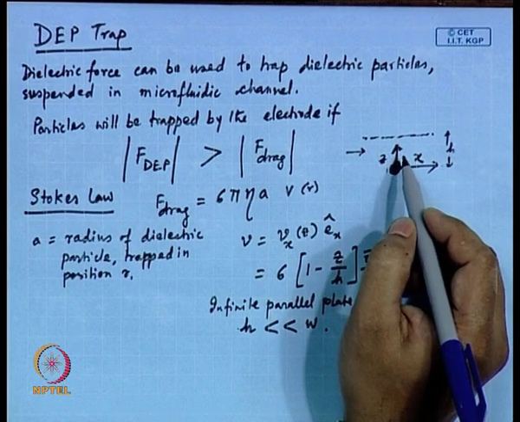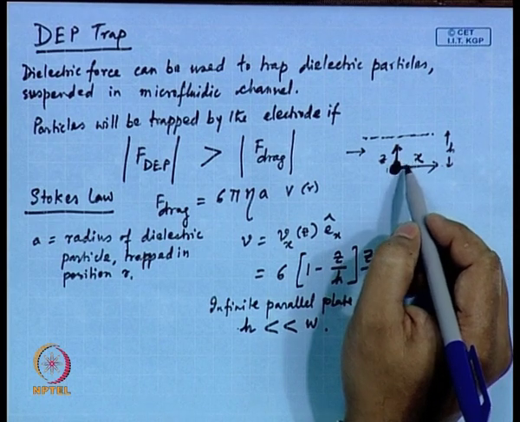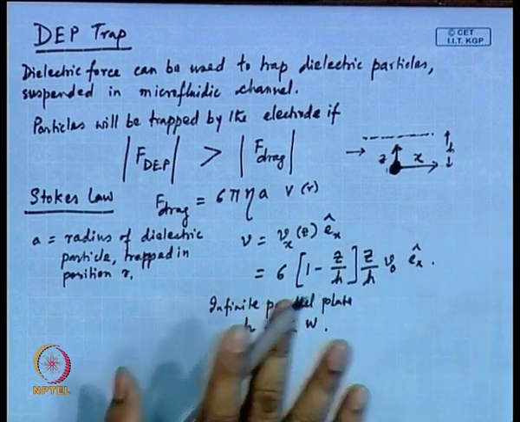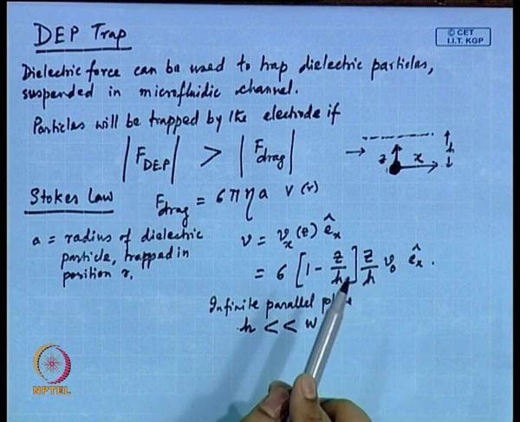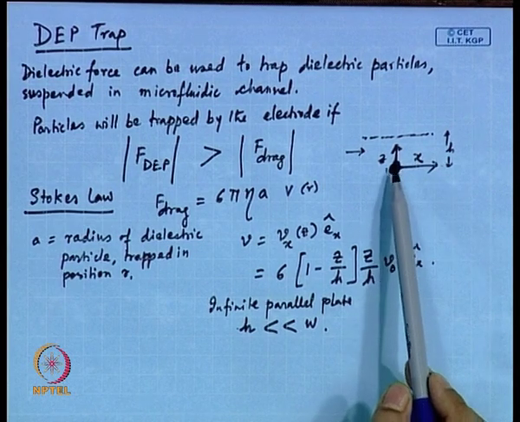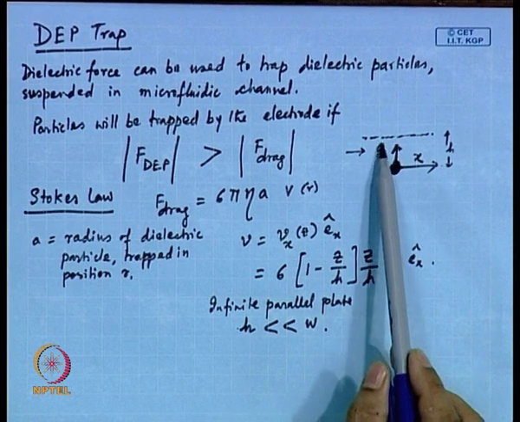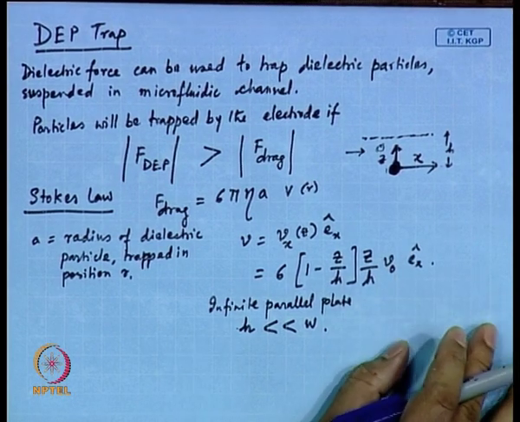In fact, if you look into any advanced literature on DEP, you will find that they start with the AC electric field altogether. But I thought it would be wise to first build it from scratch, and then point out which parameters would be affected if there is an AC electric field. So, if somebody employs an AC electric field, then the formation of the Debye layer around the particle would not be important. Okay. So, that is the situation here.